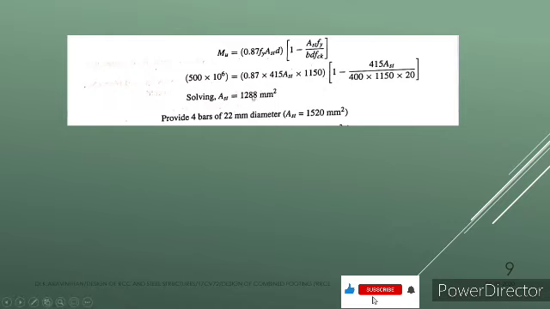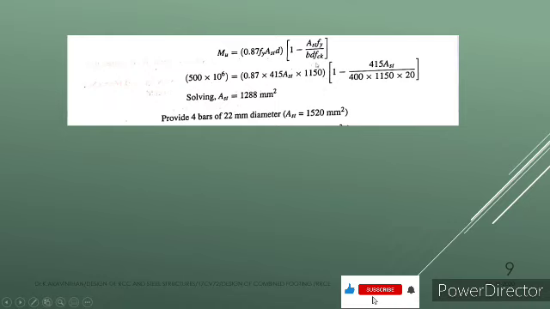We will be using the same equation. Mu here is 500 kilonewton meter. So in terms of Newton mm, multiplying by 10 power 6, and 0.87, Fy is 415, and D here is 1150, and after substituting the values, B here is what we assumed, 400, and D is 1150.